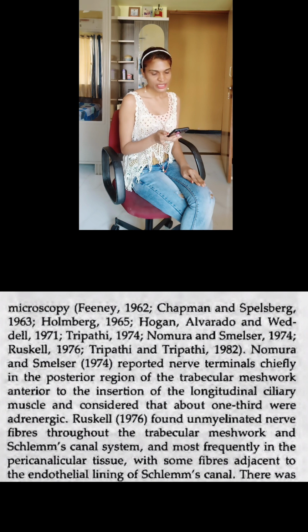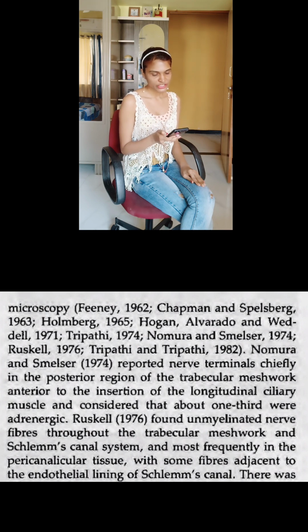Nomura and Smelser reported nerve terminals chiefly in the posterior region of the trabecular meshwork, anterior to the insertion of the longitudinal ciliary muscle, and considered that about 1/3 were adrenergic.